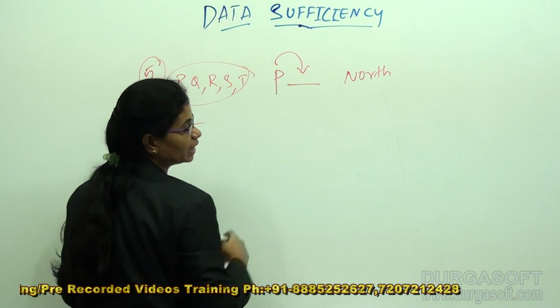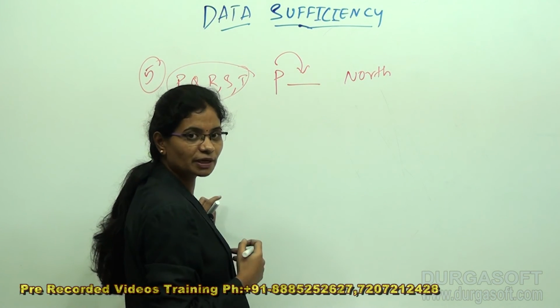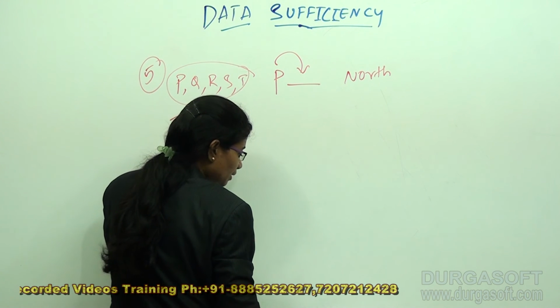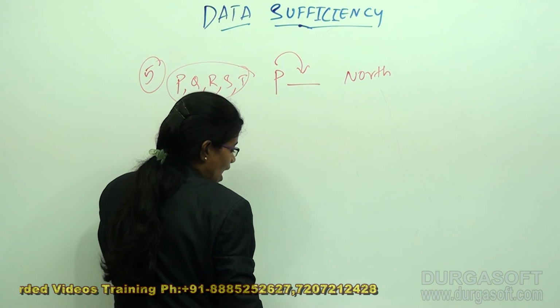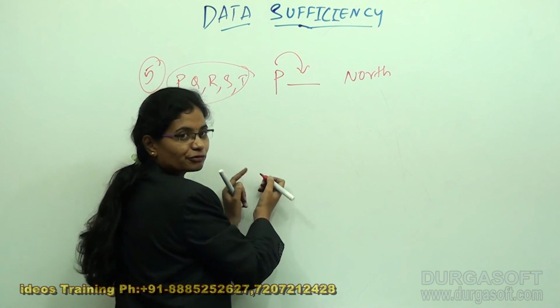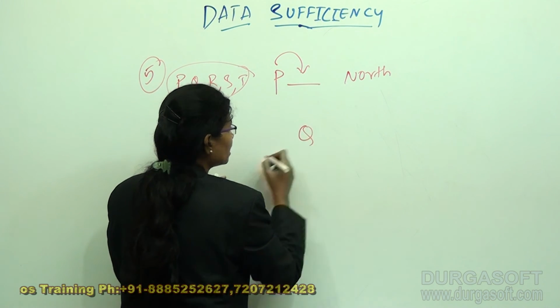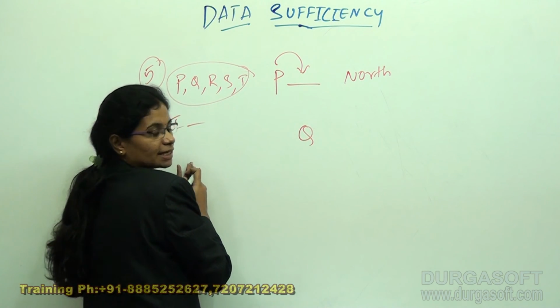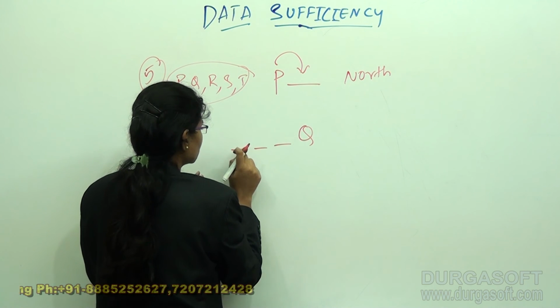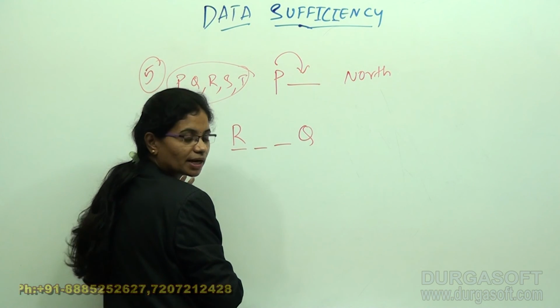First statement: R is third to the left of Q. To Q's left side, in the sense this side, R is standing in third position. Third position will be this, right?